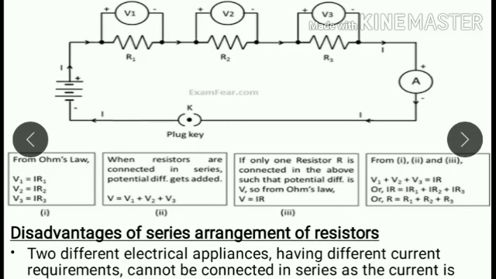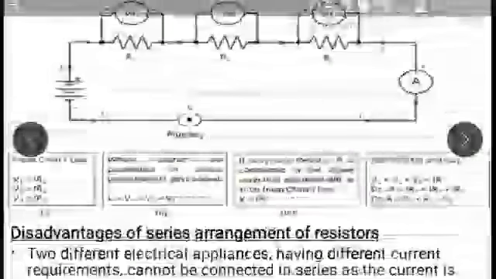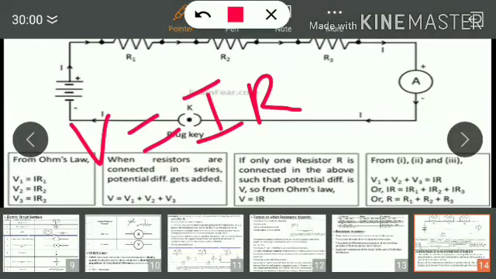The difference between the series combination and the parallel combination is that in the series combination the current is equal, but the potential is different. From Ohm's law, we can say what the formula is. You should know this formula: V equals IR.